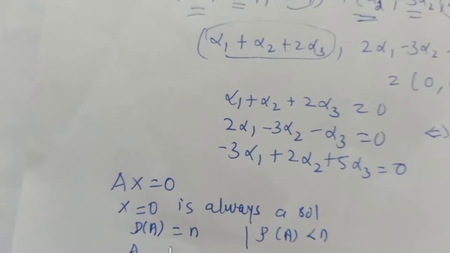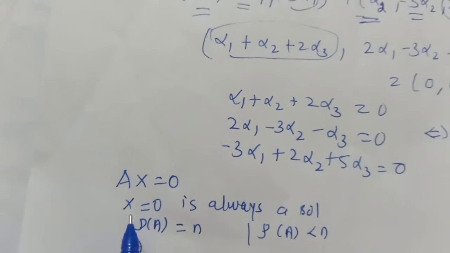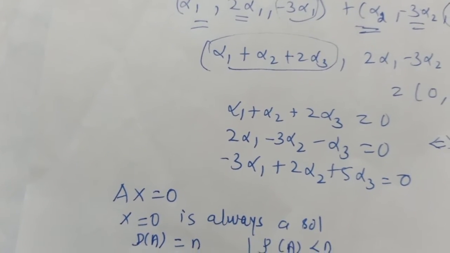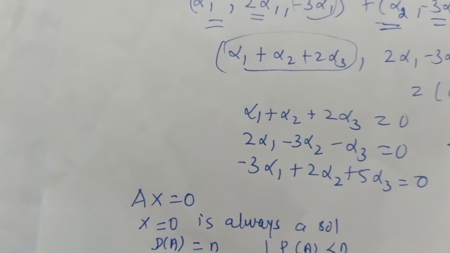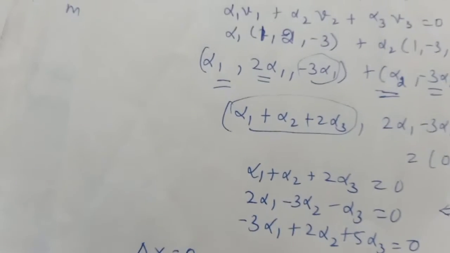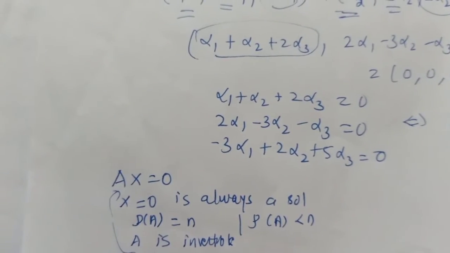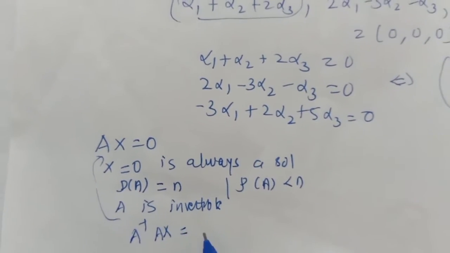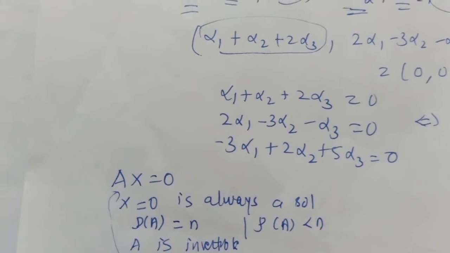Whenever rank of A is n, that is full rank, it means whenever you convert this matrix into upper triangular form, all the rows are non-zero. So in this case, A is invertible. If A is invertible, what can we do here? We pre-multiply Ax equal to 0 by A inverse on both sides, so x will be 0.